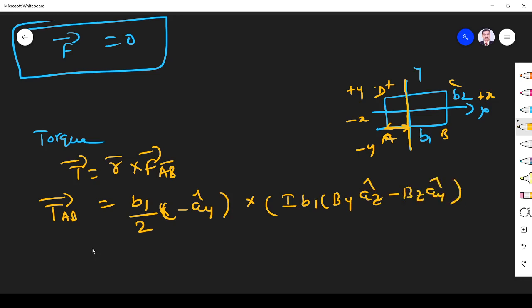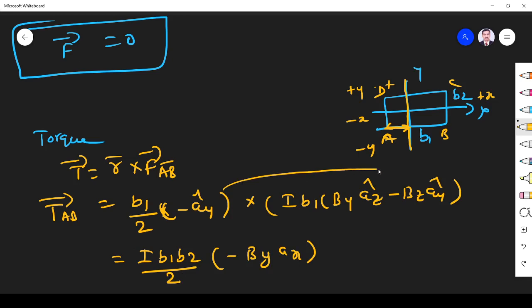If you take a cross product, what you get is I into B1, B2 divided by 2 minus BY AX. Right? So we know AY cross AY is 0. So AY cross AZ is AX.